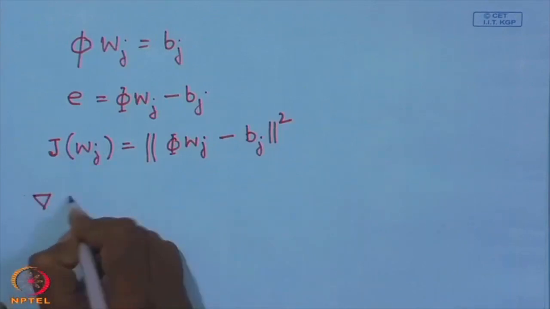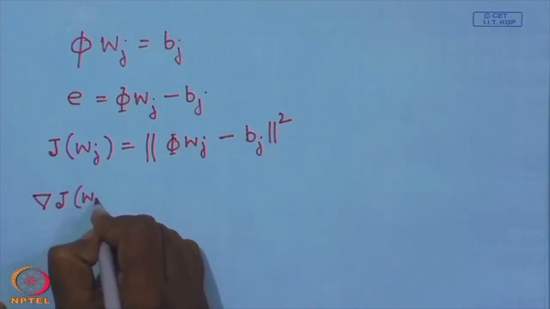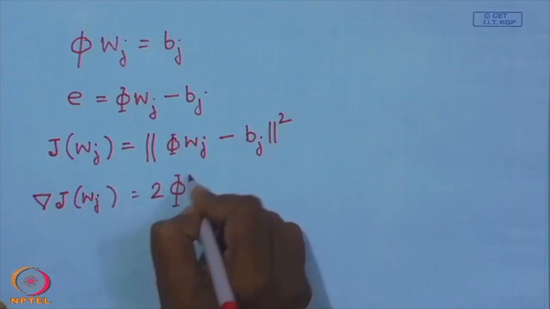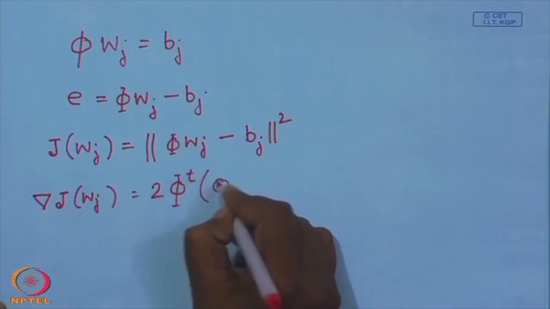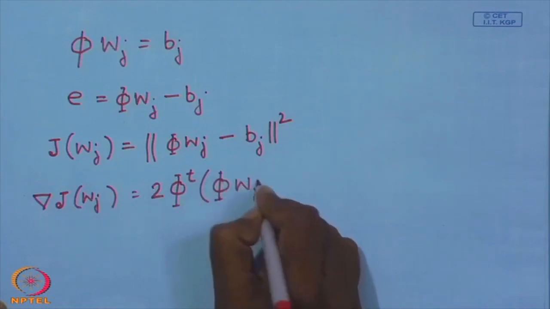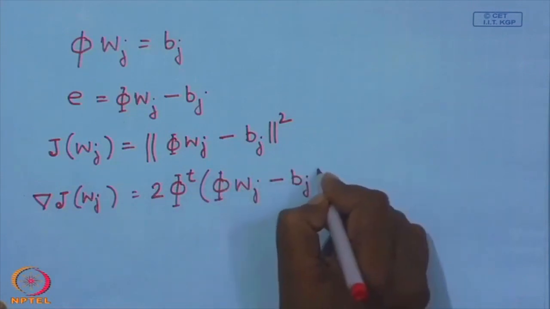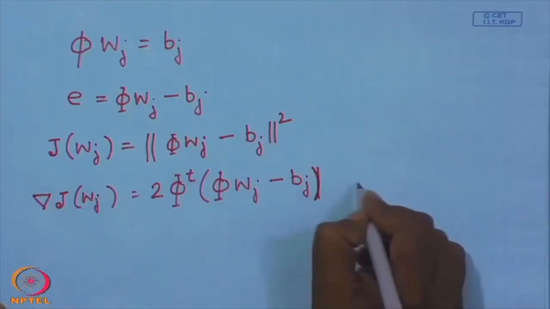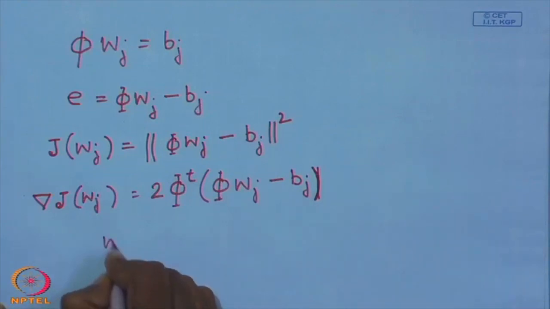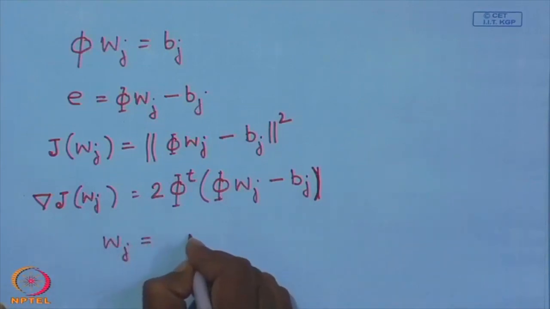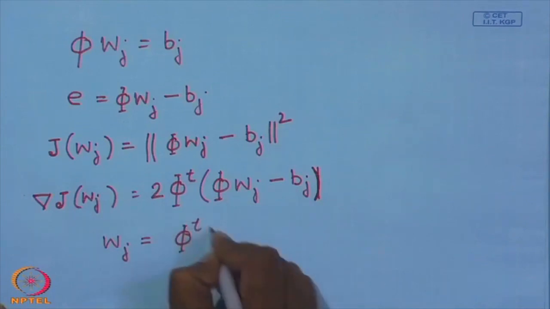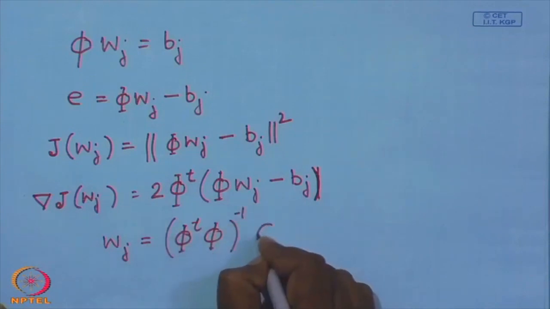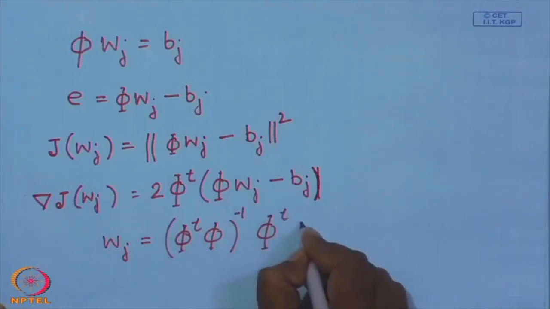So, grad of J w j will be simply 2 phi transpose into phi w j minus b j. And by equating this to 0, what we get is w j is equal to phi transpose phi inverse into phi transpose b j.